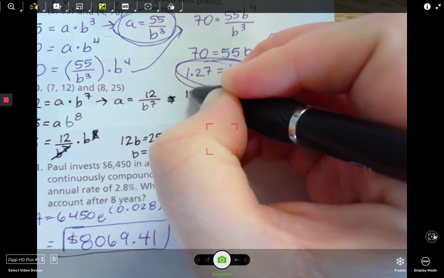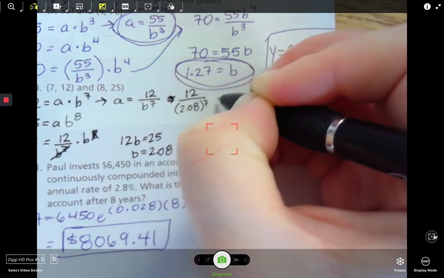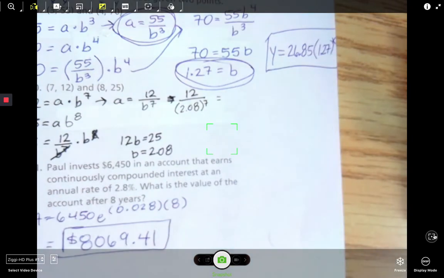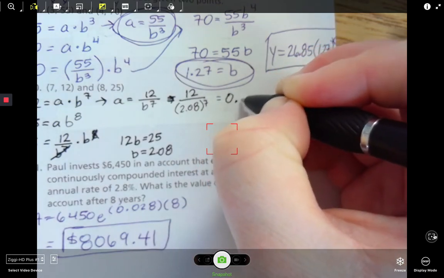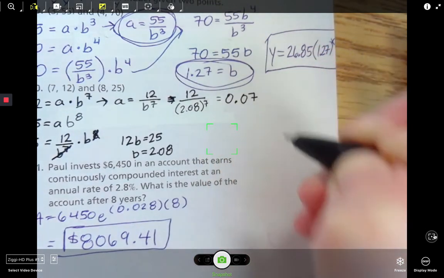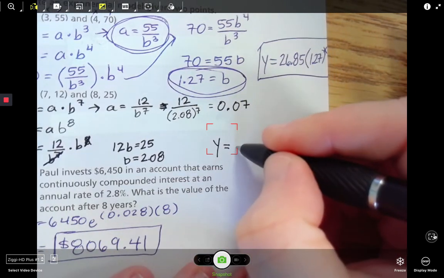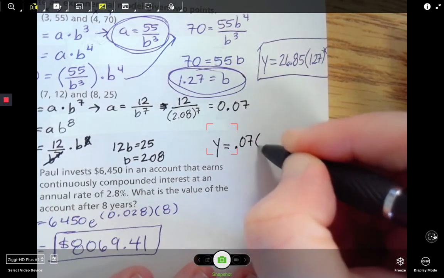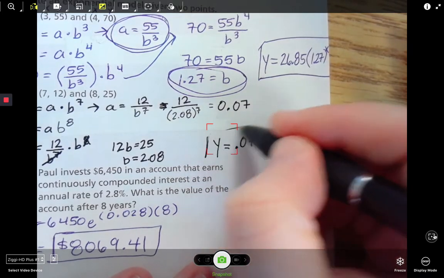Plug in for a, 12 divided by 2.08 to the 7th, and I get 0.07. So my final equation is y is equal to 0.07 times 2.08 to the x power.